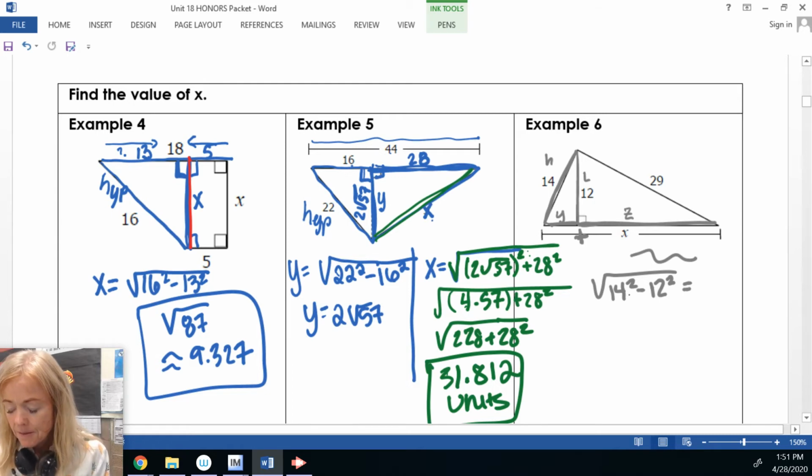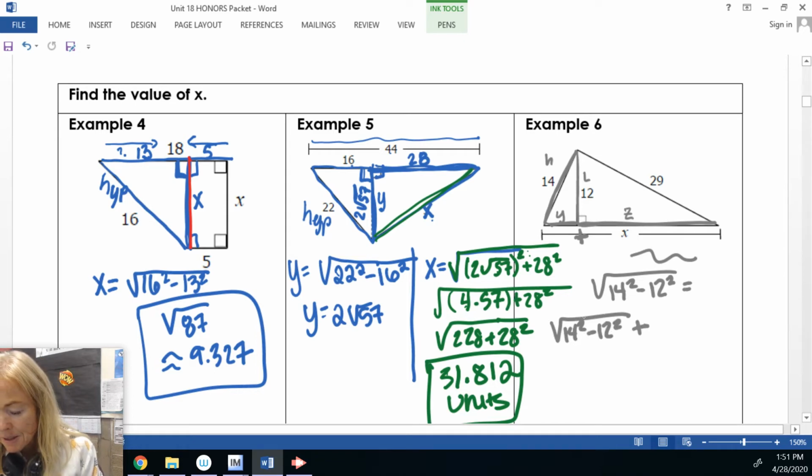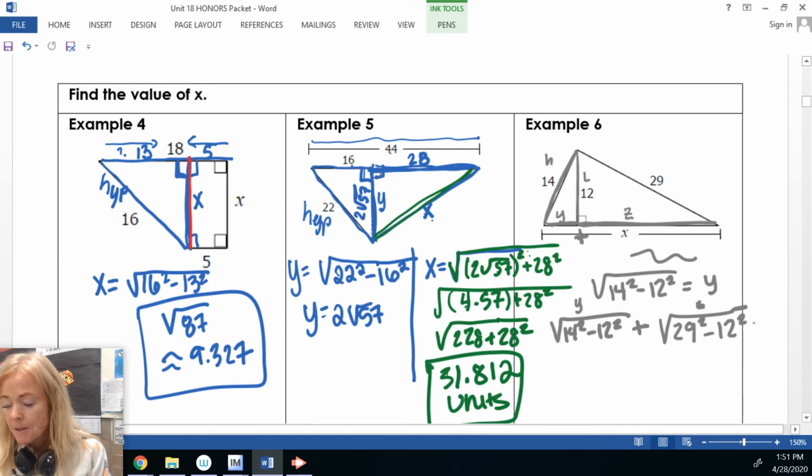Actually, I'm just going to do this. 14 squared minus 12 squared, and I'm going to add to that because that's going to be y right there. And then z is going to be the square root of 29 squared because it's the hypotenuse, minus the leg squared, 12 squared. And that's z, and I'm going to add them together to make x. Okay, hopefully that's not beyond you guys. I'm pretty sure you're good with that.